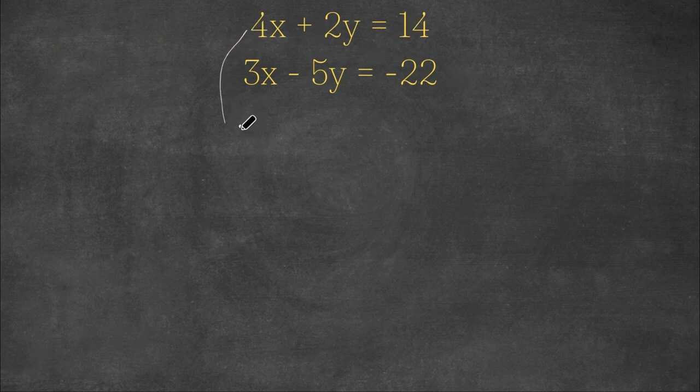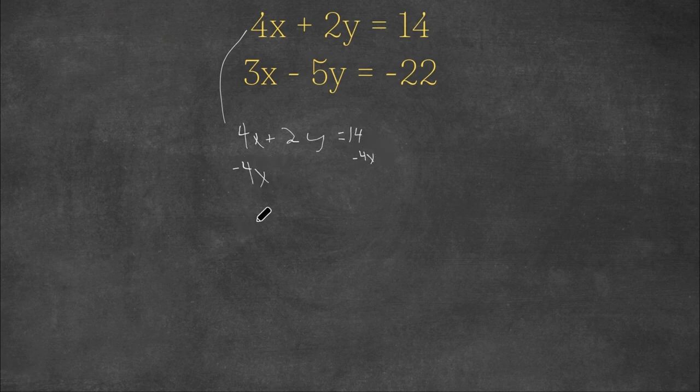So if we bring this down here, we're going to write 4x plus 2y equals 14. And now I'm going to isolate one of these variables and find the value of it relating to y. So let's actually find the value of y here. So to find the value of y, we're going to have to subtract 4x on both sides to get rid of it.